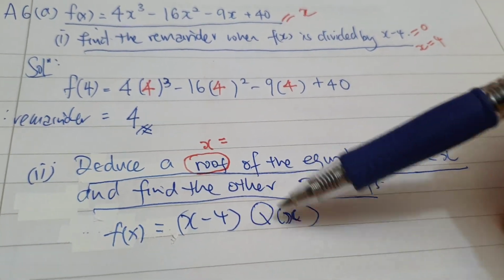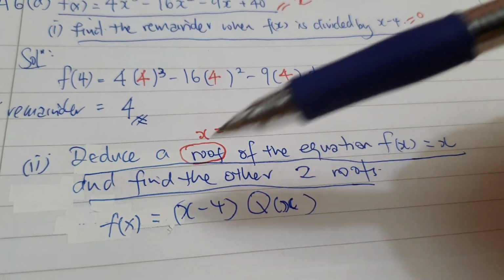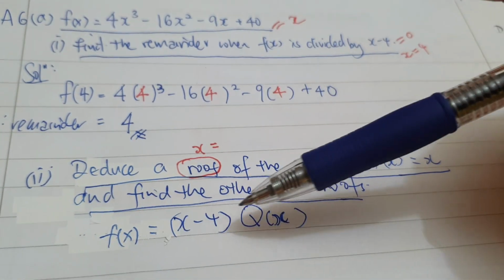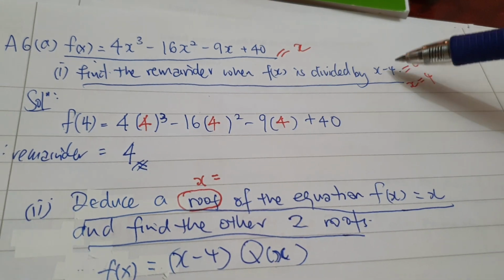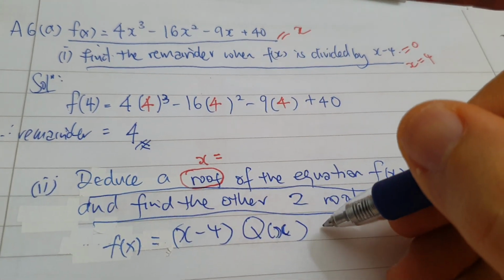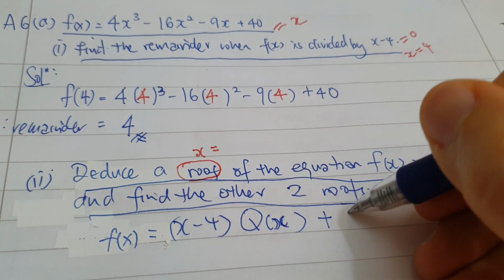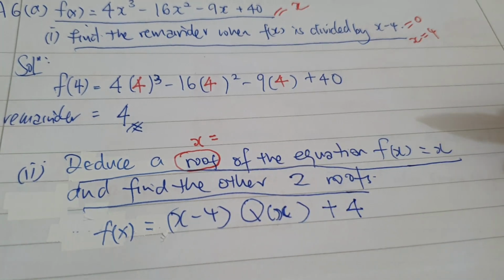I'm not expected to go and find this out. I just need to know that this fx, when it's divided by this x minus 4, from the earlier part, there is a remainder, and the remainder is 4. That's all I need to know.